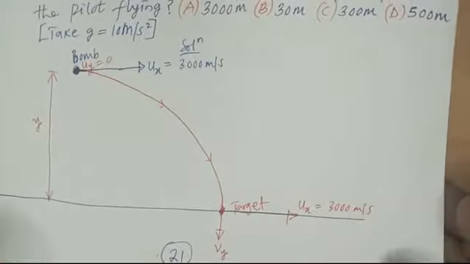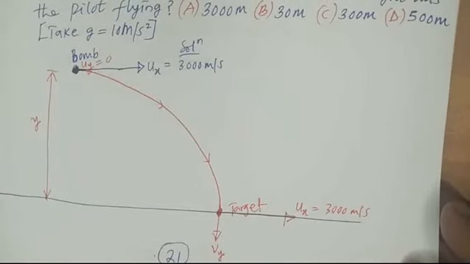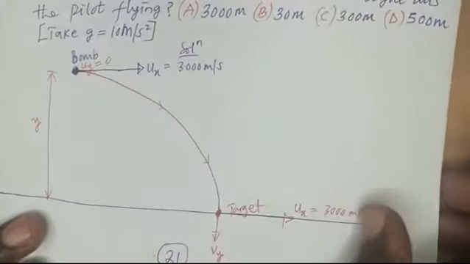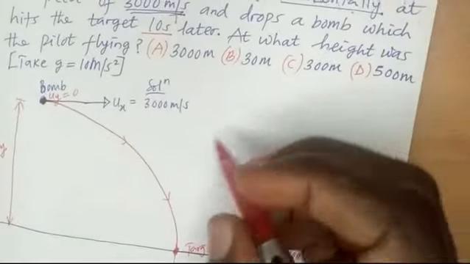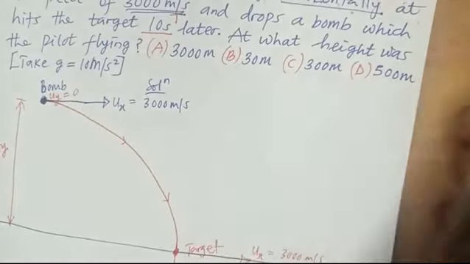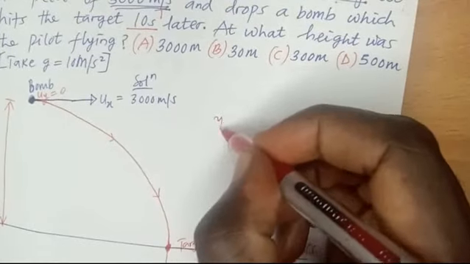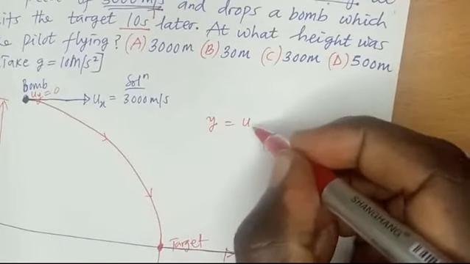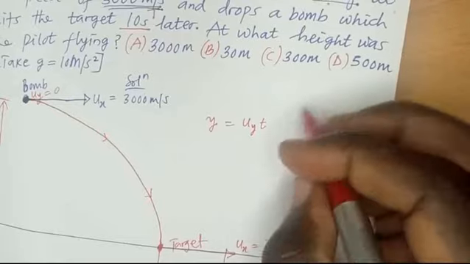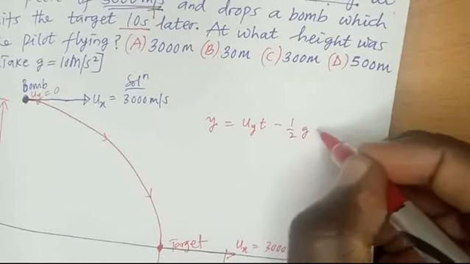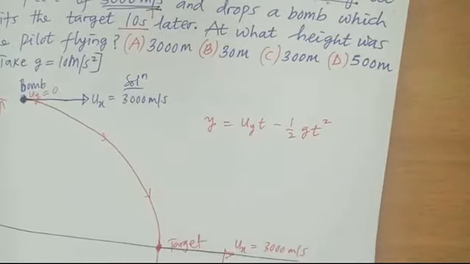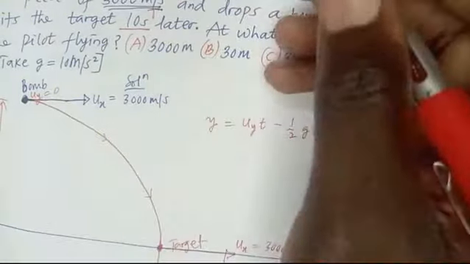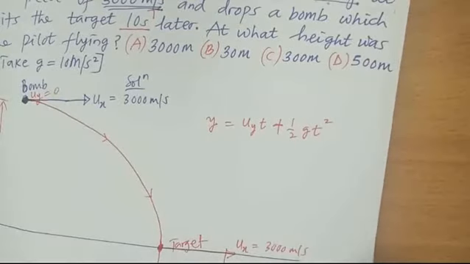Okay, now the question is, how do we find this vertical height? Now remember the formula I gave you. I said at any point the vertical displacement is given by u sub y t minus half g t squared, but since it is falling, it is not going up, this one should be positive.